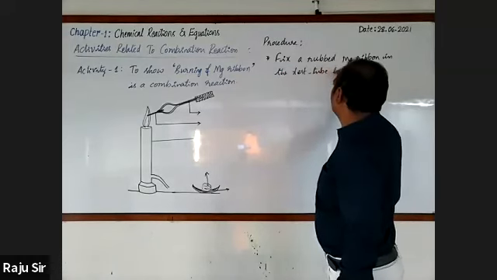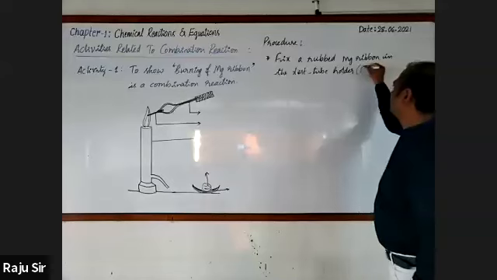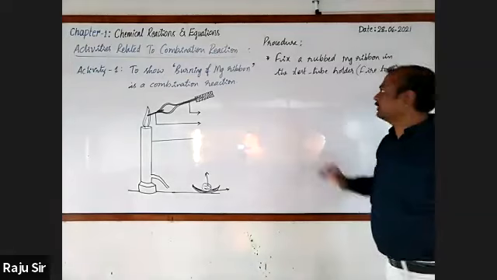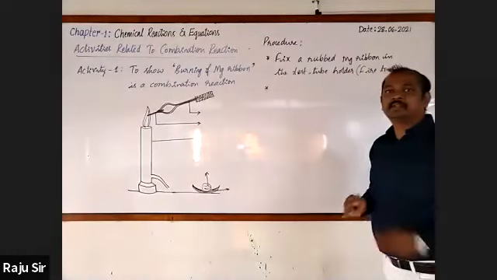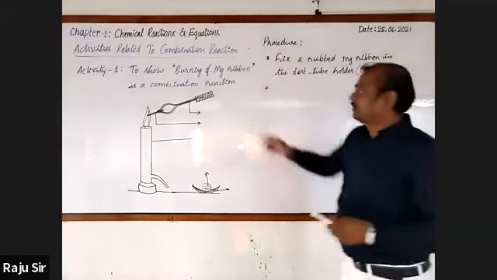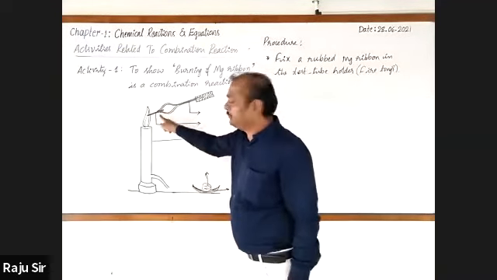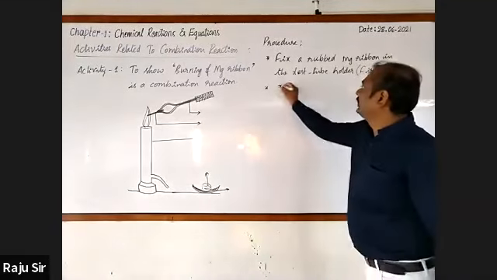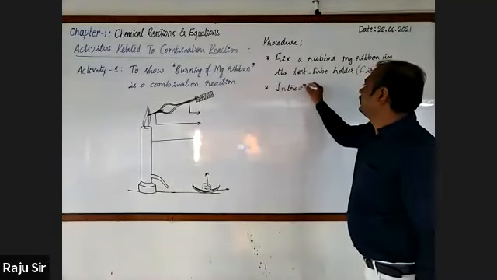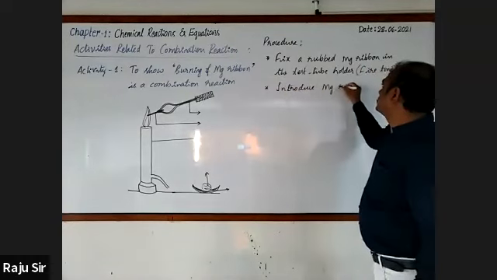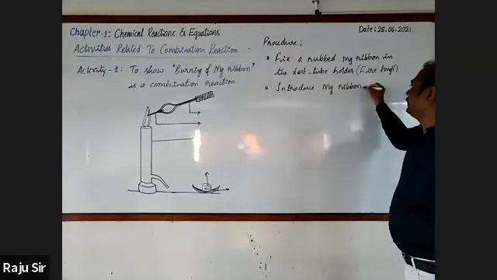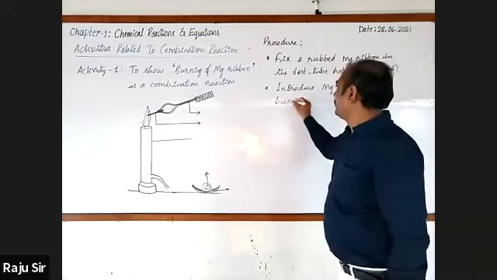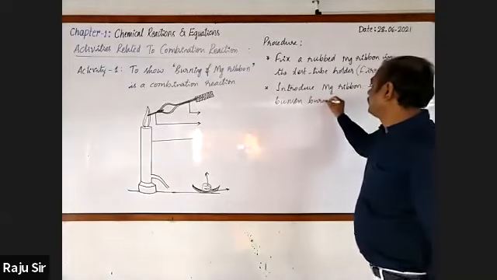Test tube holder or tongs. This is the first point. Second point, again, this is also very simple. Then what we have to do? Introduce the magnesium ribbon or magnesium strip in the Bunsen burner flame.